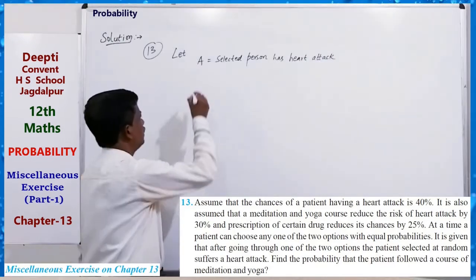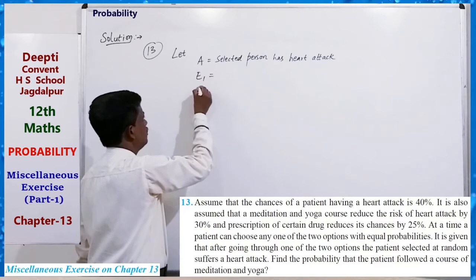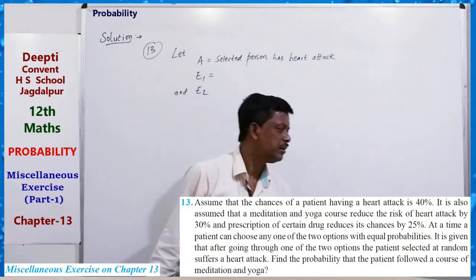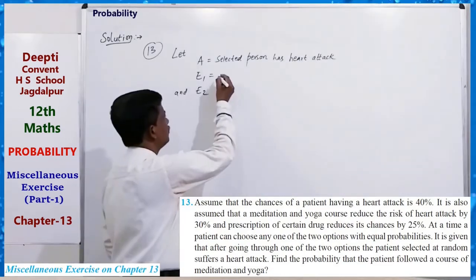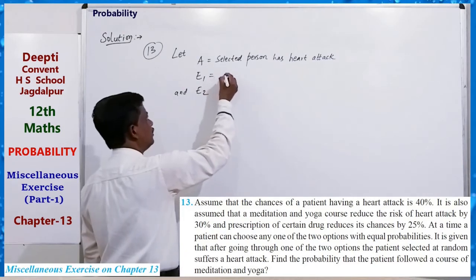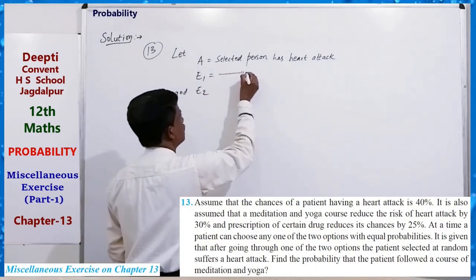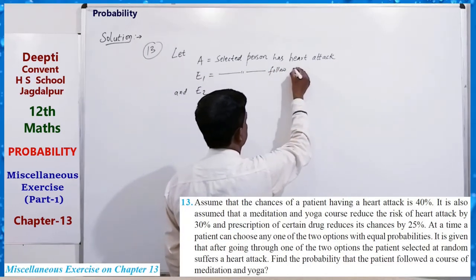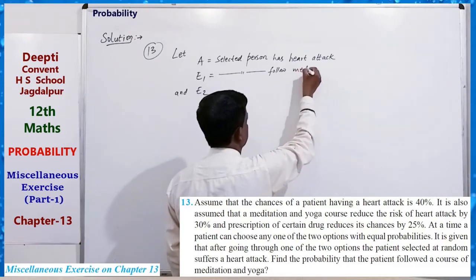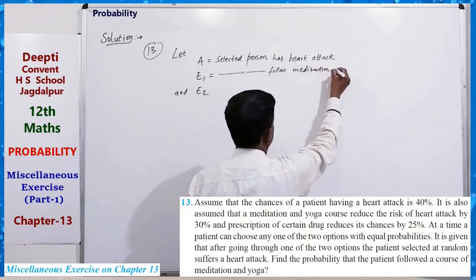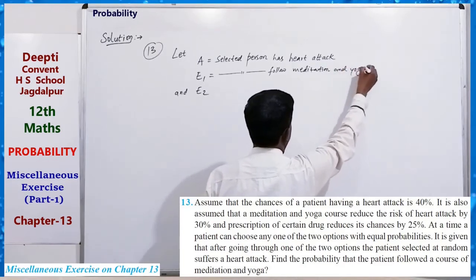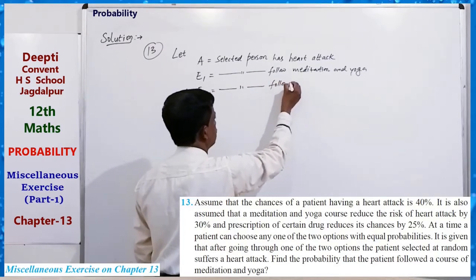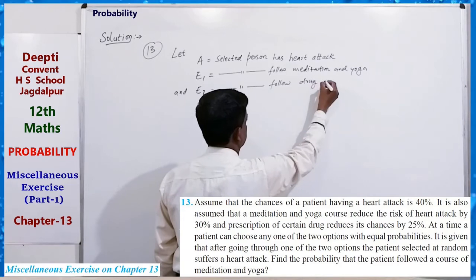Then E1: the selected person follows meditation and yoga, and E2: the selected person follows drug prescription.